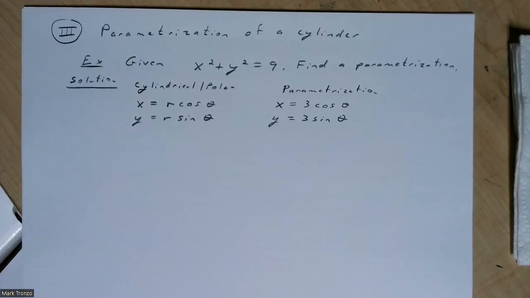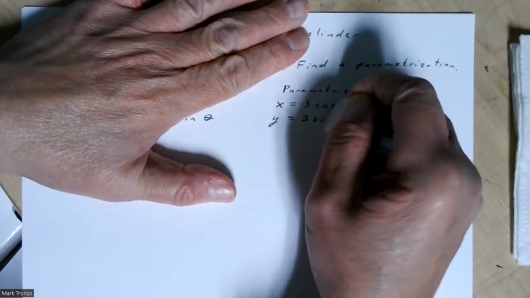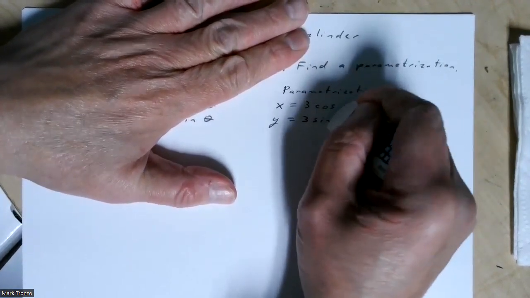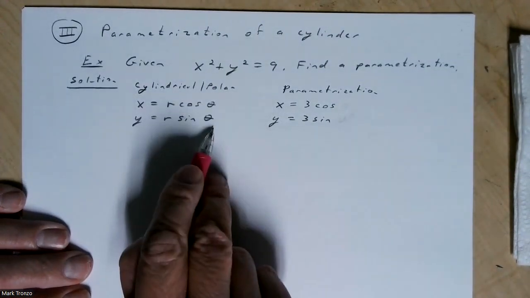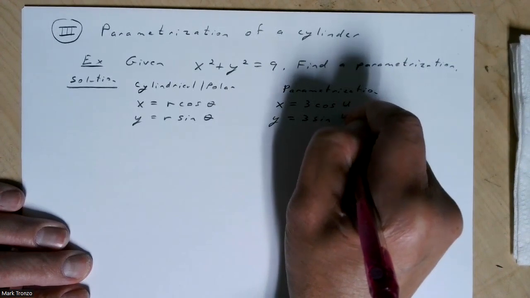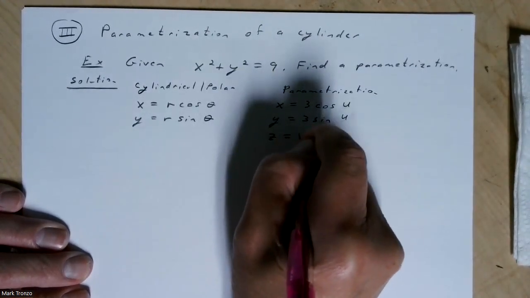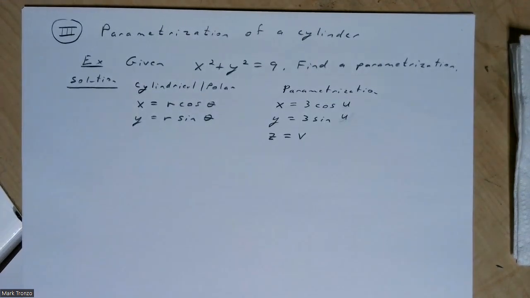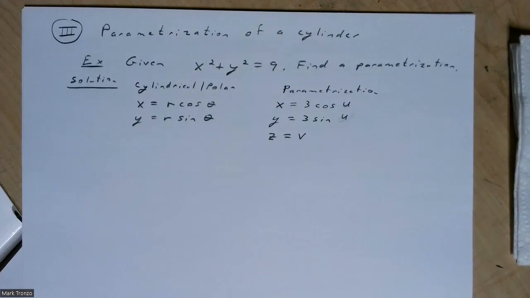Well, excuse me, let's use a different letter so we don't make things too confusing. Some people will sometimes just keep the theta, but we'll use u here. And then z will be equal to v. So this is a parametrization that you could use for this.